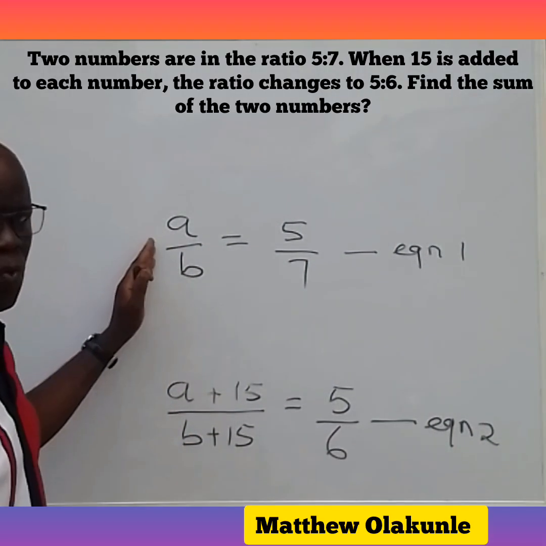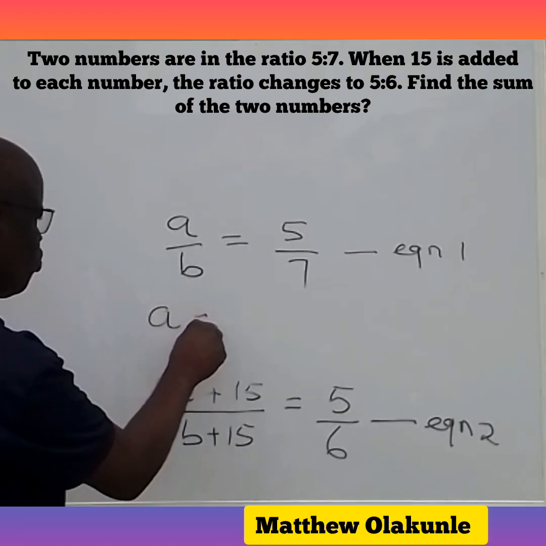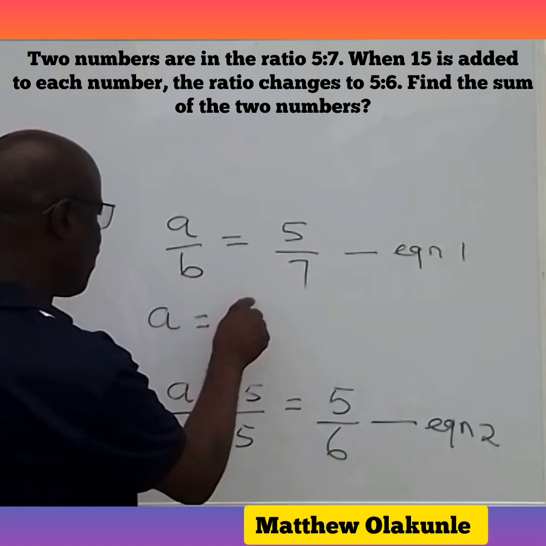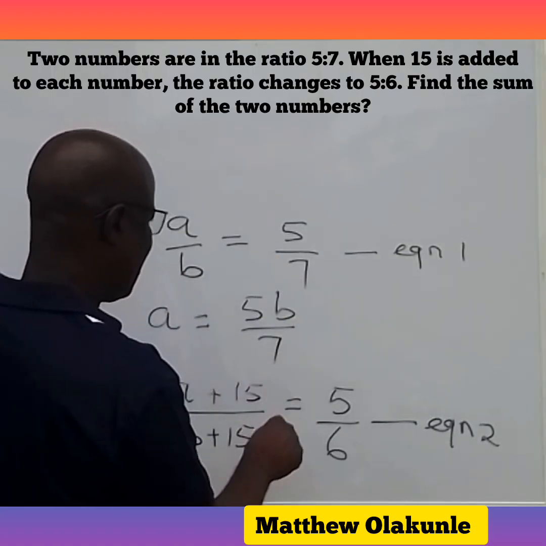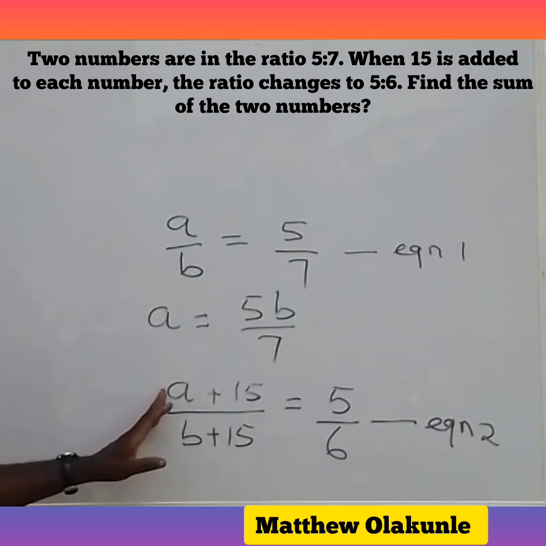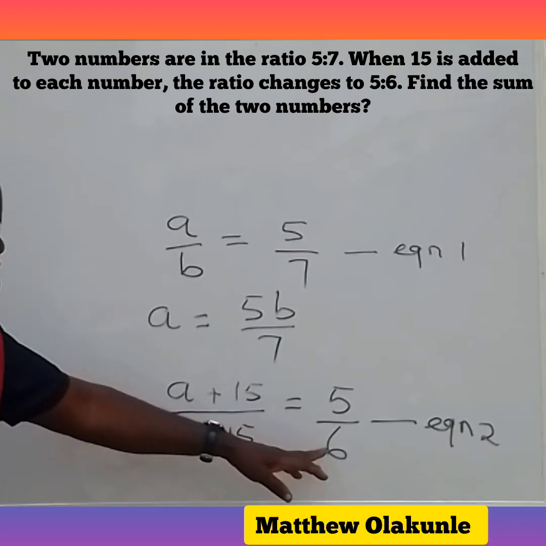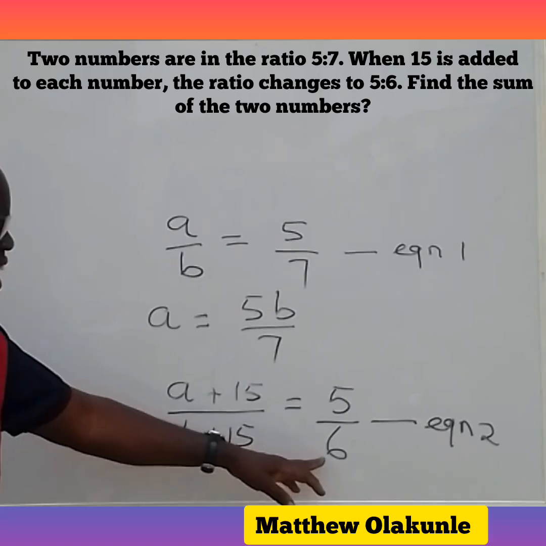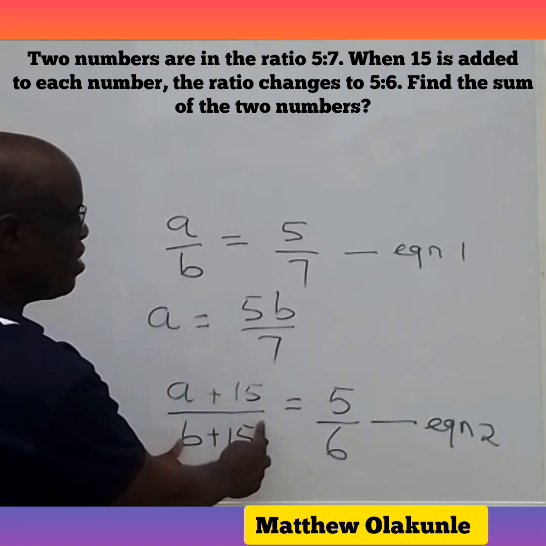Now from this equation 1, it is possible for us to say A is equal to, I want to do cross multiplication here, 5 times B is 5B all over 7. And that is A. Now, let's simplify the other one. I can also cross multiply in such a way that I say 6 multiplied by everything here equals 5 multiplied by everything here.